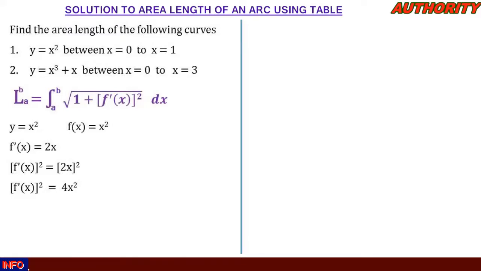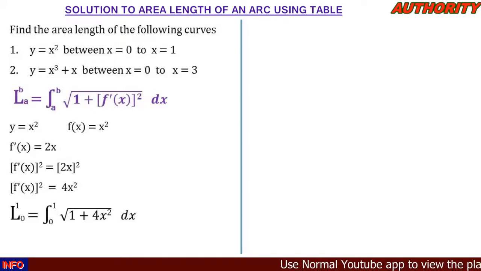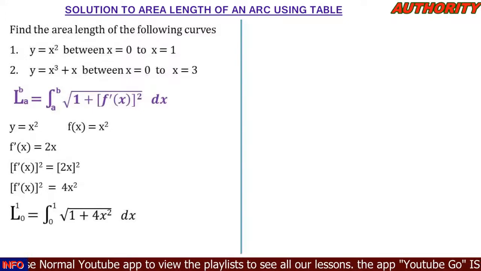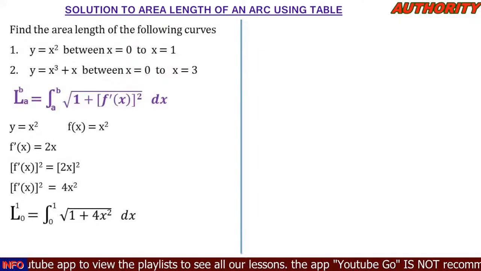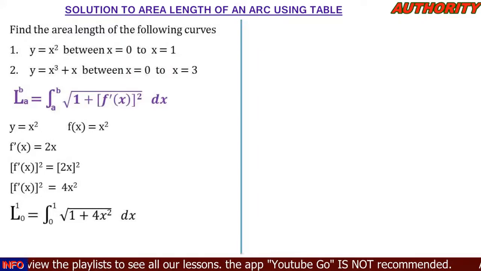Is that true? Yes. Let's fix it in this function. So we're going to say that the arc length is going to give us the integral. The boundary we have is from 0 to 1. Then square root of 1 plus our f prime of x squared, we have 4x squared dx. You get it right? Yes.